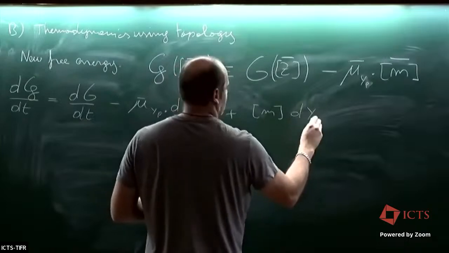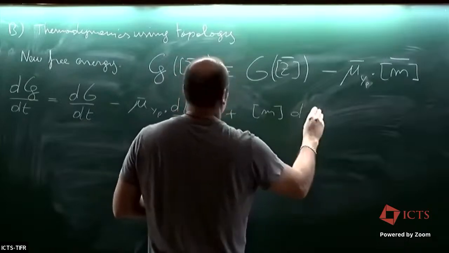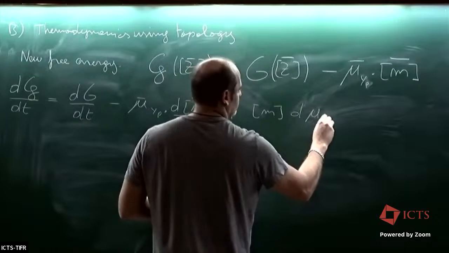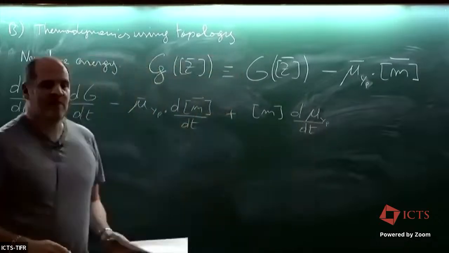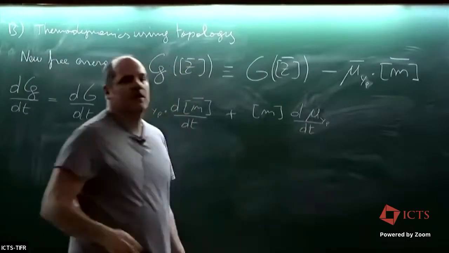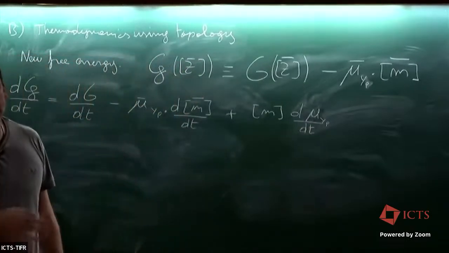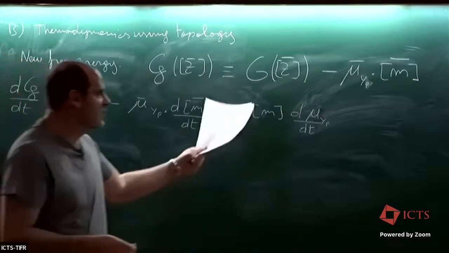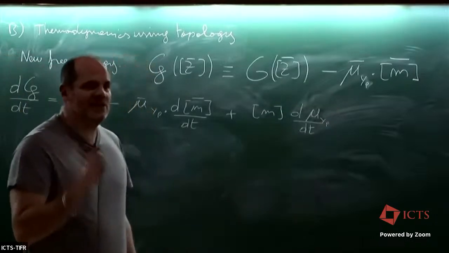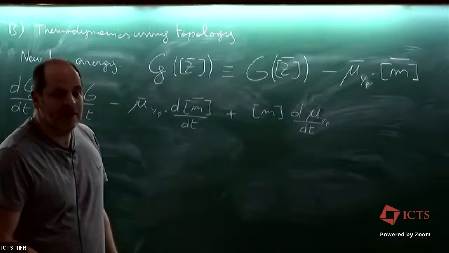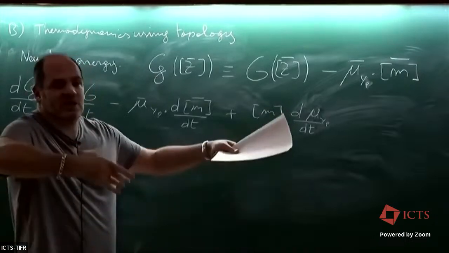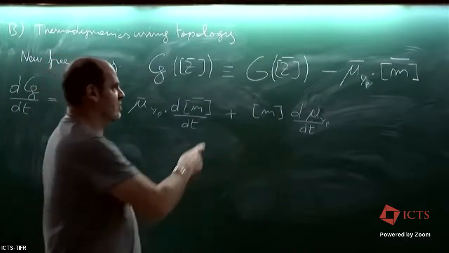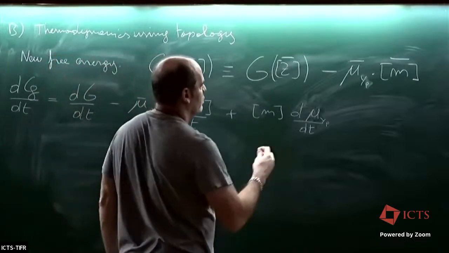We allow for this guy to also change potentially. Although in most applications, in concentration control, this is never going to be the case. So this term will typically be 0. But that term becomes important once you start injecting stuff in your chemostat, because then the concentration might go up. And then that term plays an important role if you study growth.